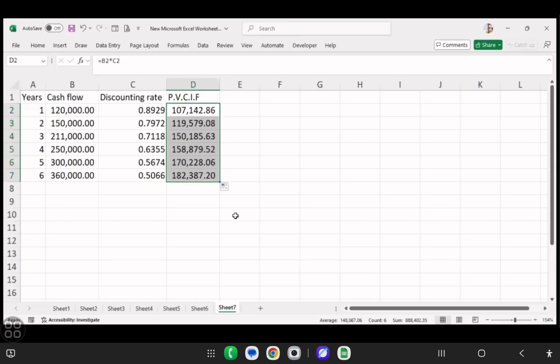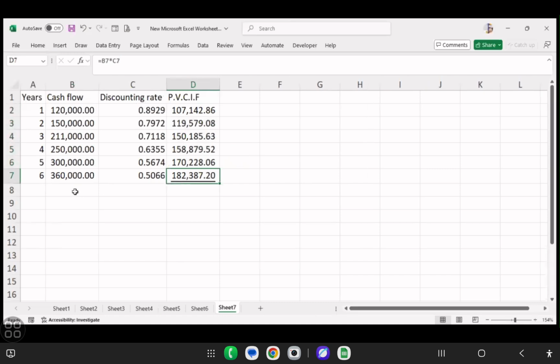The final answer, you can give in 2 decimal places. Then we talk of the total present value cash inflow, which is equal to the sum of this.